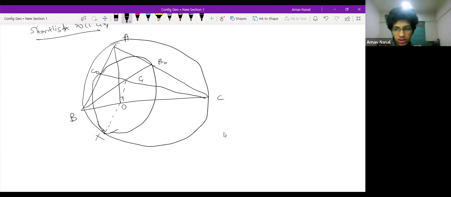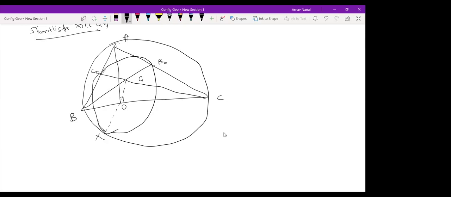Anyone has any ideas? Feel free to share. Maybe root BC inversion can help, because B naught and C naught are well defined and we know them, and then AX is just tangent to BC, which remains fixed.